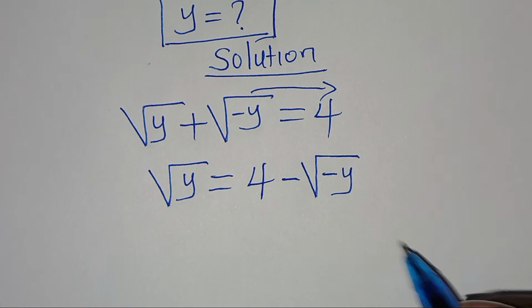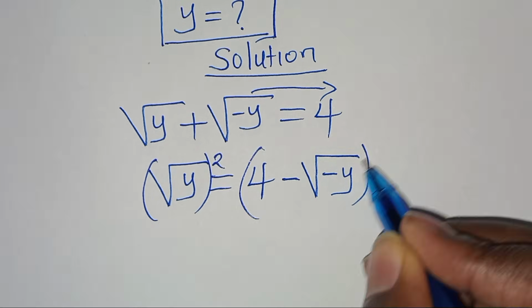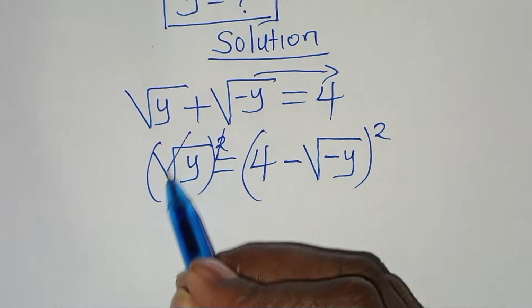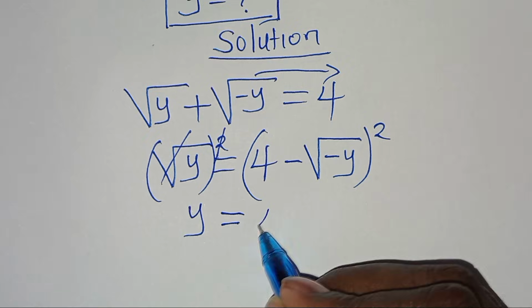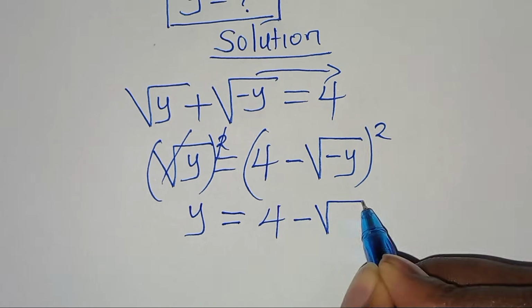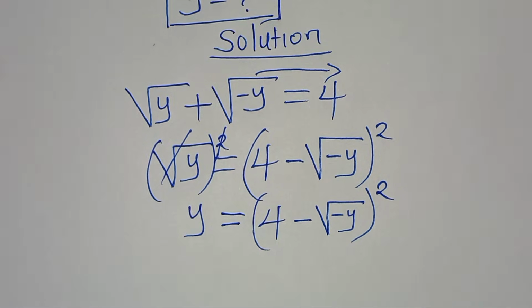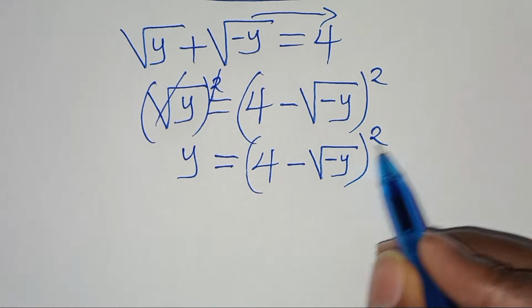The next step is to square both sides, so that we eliminate the square root sign here. This becomes y equal to 4 minus the square root of minus y, raised to the power of 2.